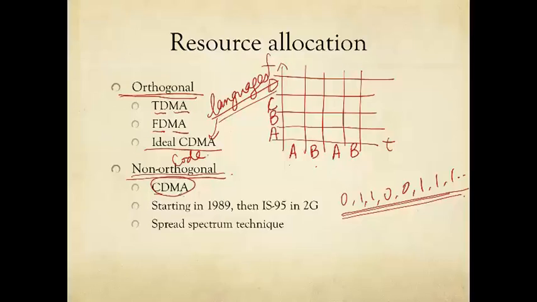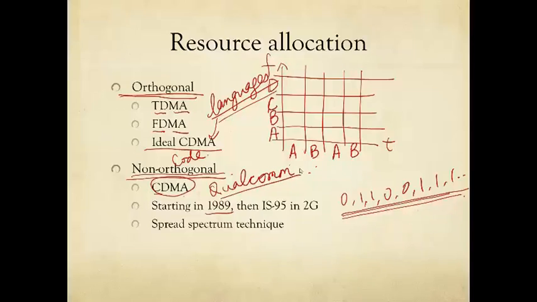This doesn't sound like a very attractive idea at the beginning, but as history showed, it turned into an extremely successful technology. It started with a company called Qualcomm, which has since become one of the pioneers of many wireless technology innovations.